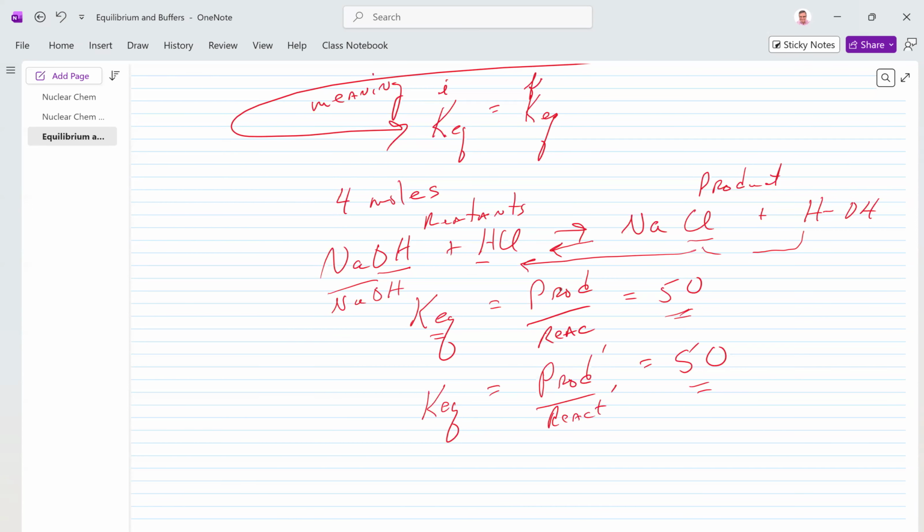Okay, now if you're in a Chem 400 class, you would spend lots of time on what I just talked about, lots. Because the KEQ is a little more complex than just products over reactants. After you balance the equation, it has to do with the coefficients.